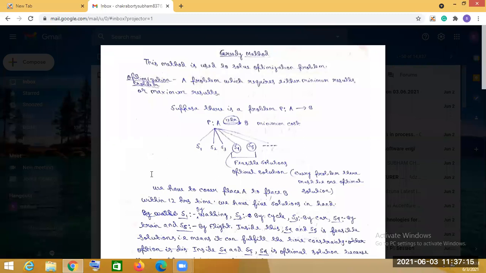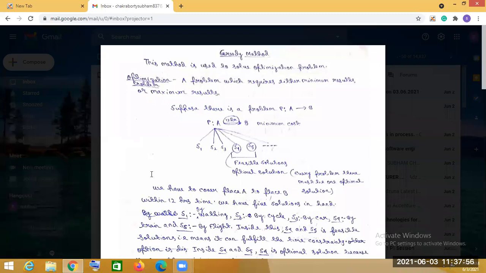From place A to B, we can go by walking, by cycling, by car, by train, or by flight. So these are 5 ways we can go from location A to location B.